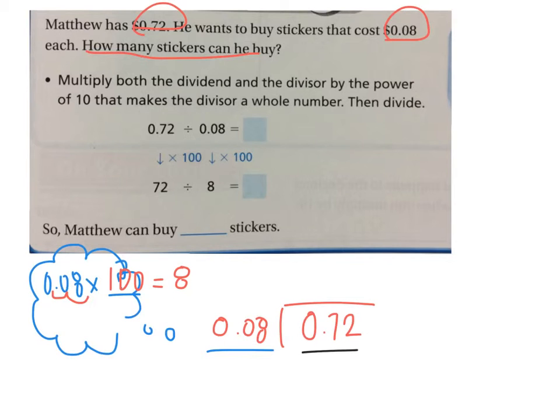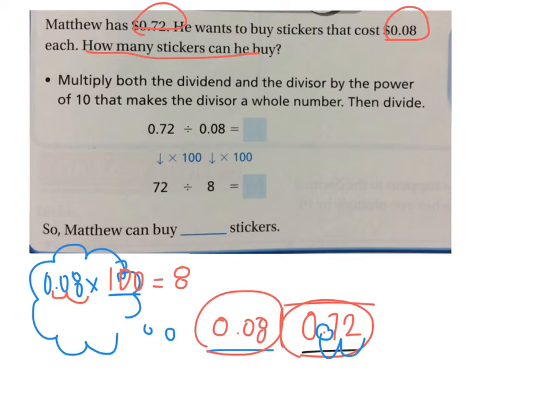So then what would my new whole number divisor be? 8, okay? And so we know in order to not change the value of the quotient, if I multiplied my divisor by 100, what else do I have to multiply by 100? My dividend, right? And what's 72 hundredths times 100? 72. Right, because again, multiplying by 100 is the same thing as moving it 2 decimal points to the right.